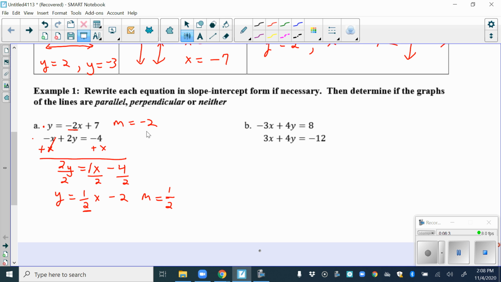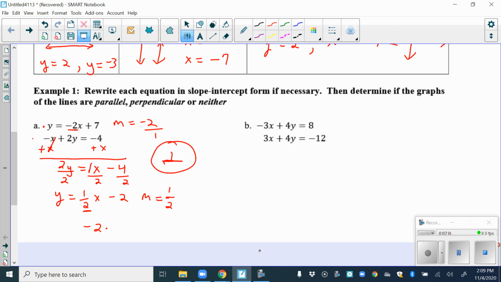If you do the reciprocal check, if we put -2 over 1, I've got -2 and a positive 1/2. They are opposites of each other. They are flipped. -2 over 1, 1 over 2. So they are opposite reciprocals. Therefore, these lines are perpendicular. I'm just going to use the perpendicular symbol here and circle it. That's my answer. The other way would just be to multiply.